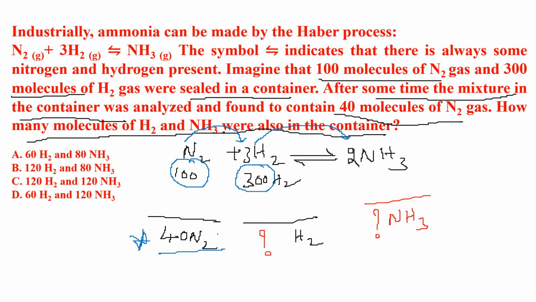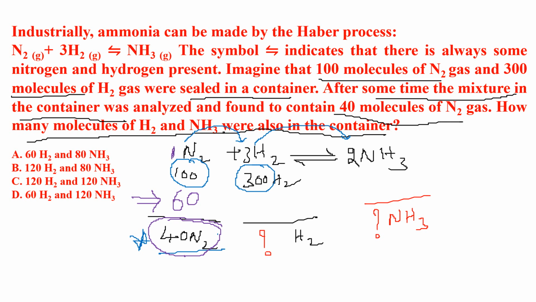Indirectly, only 60 molecules have reacted. This is very important, beta. Only 60 molecules have reacted, so 40 molecules are unreacted, because they are present in the container. So 40 molecules of N2 are unreacted. Only 60 molecules have reacted.